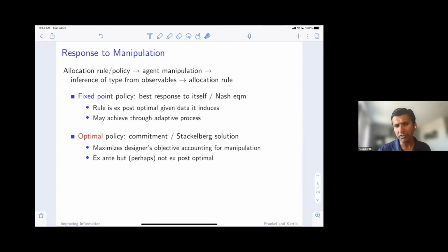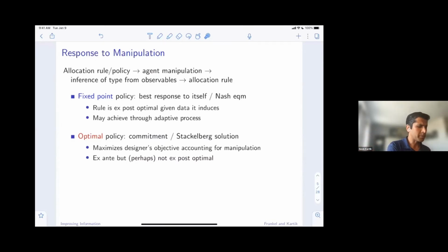And under some conditions, one may think about this as being achieved or arising through some kind of an adaptive process, right? Where the designer is changing the allocation rule, the agent is varying her manipulation in response, the designer changes her allocation rule again, and under some conditions, this might converge to a fixed point.